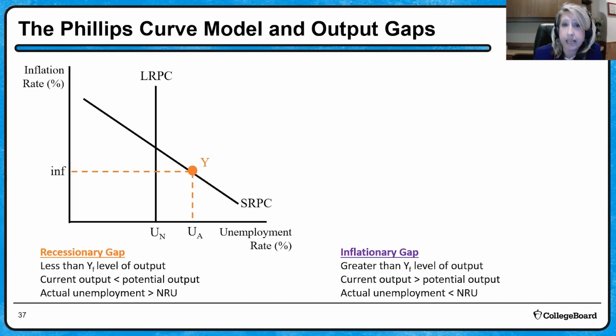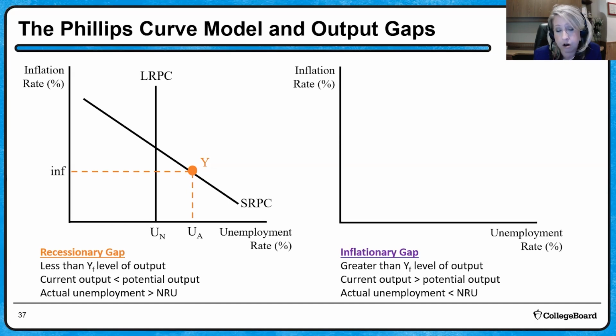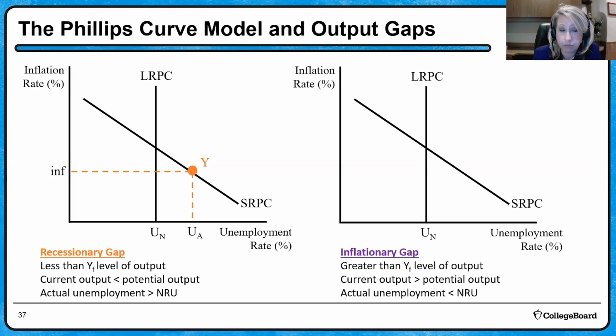If we want to draw an inflationary gap, we can use the same approach. So we have our inflation rate, our unemployment rate, our short run Phillips curve that's downward sloping, and bring up your long run Phillips curve at the natural rate of unemployment. And now think about what that inflationary gap means. It means that our actual unemployment rate is less than our natural unemployment rate.